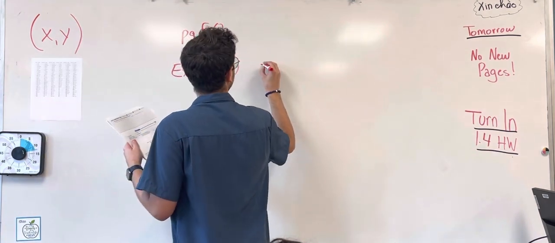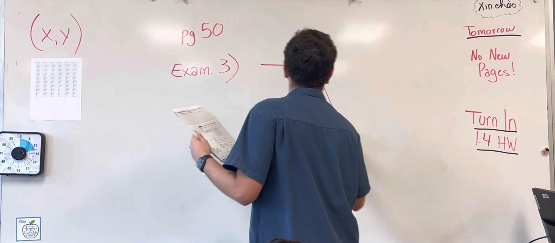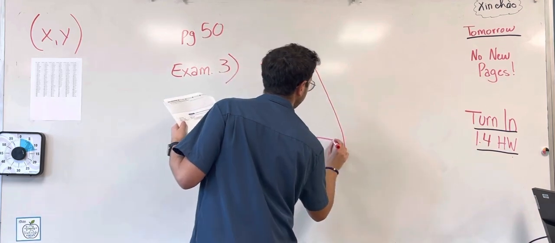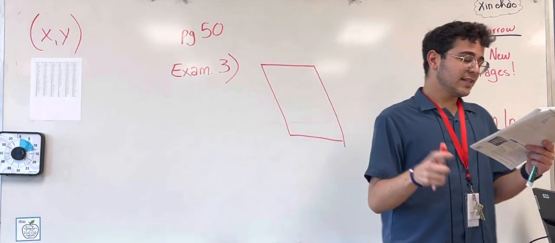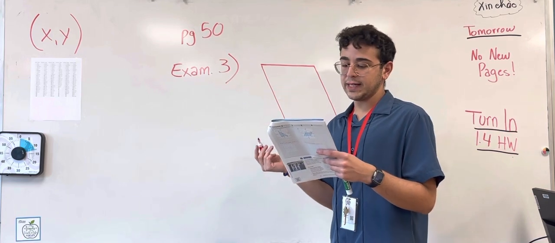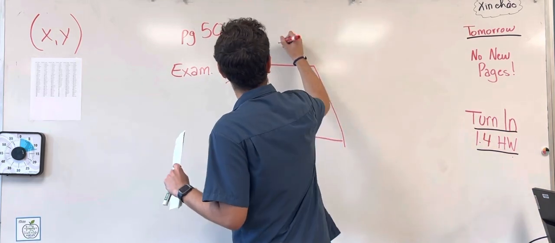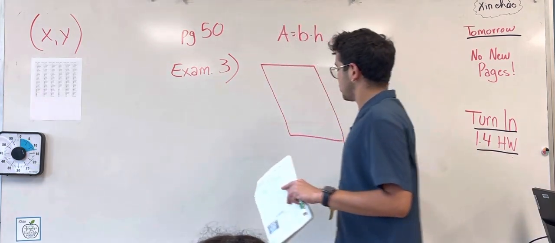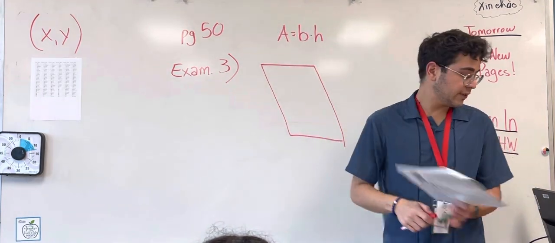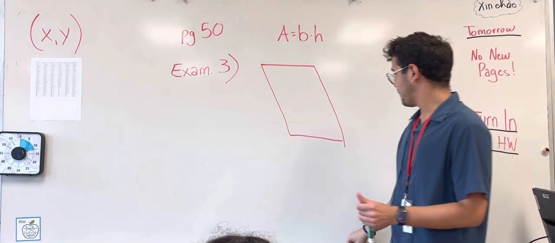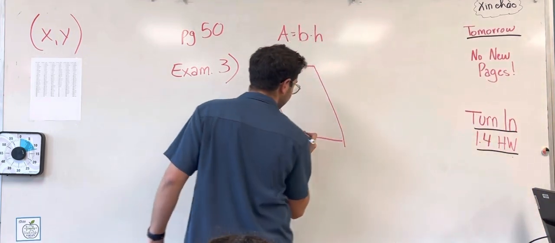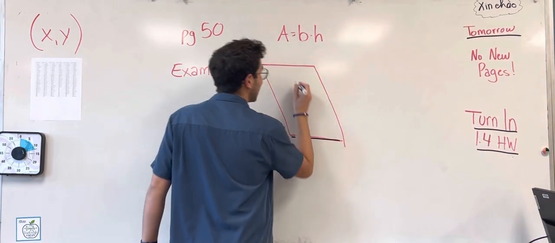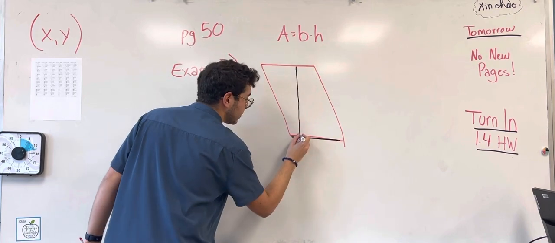So here we have a parallelogram like so. The amazing thing about the area of a parallelogram is that the area is base times height. So for the area, we multiply base times height. This is the base, and this is the height.